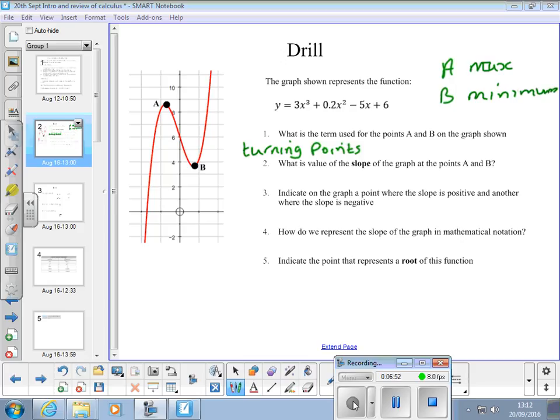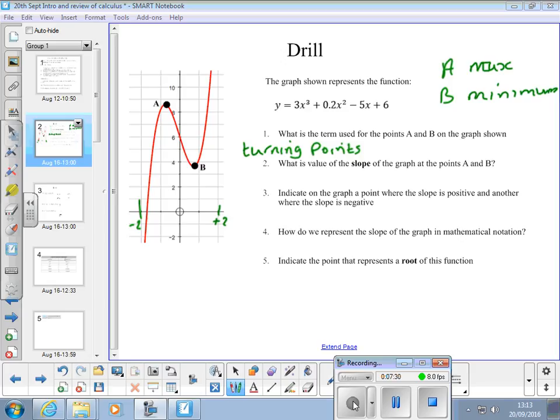The other thing, though, to consider is if we say we're looking here between x as minus 2 and plus 2, you'd probably qualify that a bit more and say they're local maximum and minimum, because in a more complex function it might be possible to have further maximum and minimum points if you're looking in a different area. Okay? But actually to say within the area you're looking at, that's a maximum and a minimum, that's fine.